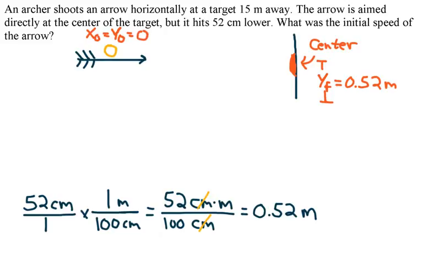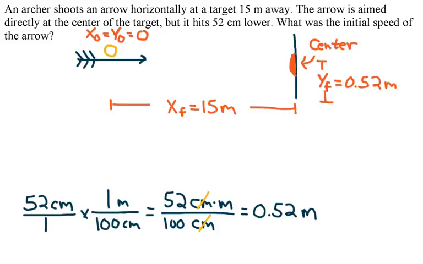Now we're given that the target is 15 meters away from the arrow. Drawing this on my graph from the origin, I've got my horizontal distance that it travels, so xf is equal to 15 meters. Now, we know that when this arrow is shot, it will follow a curved trajectory.